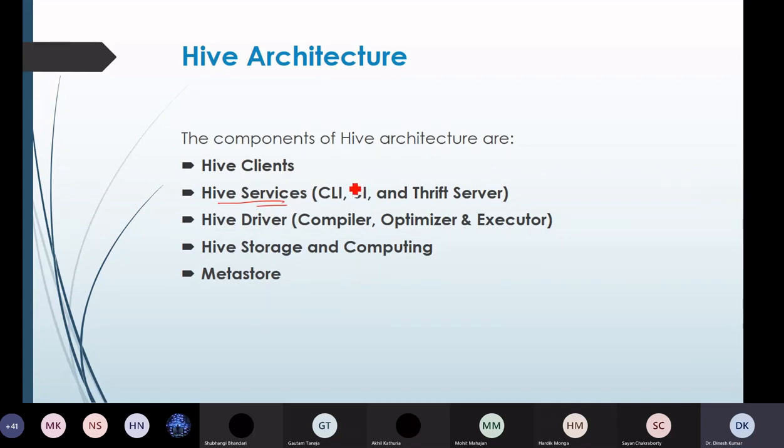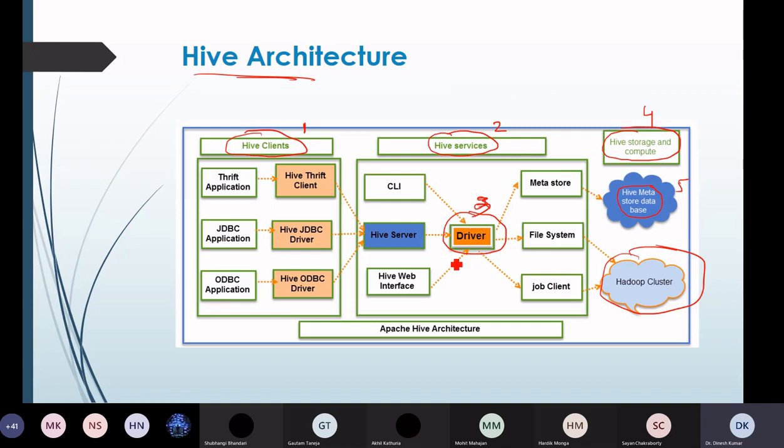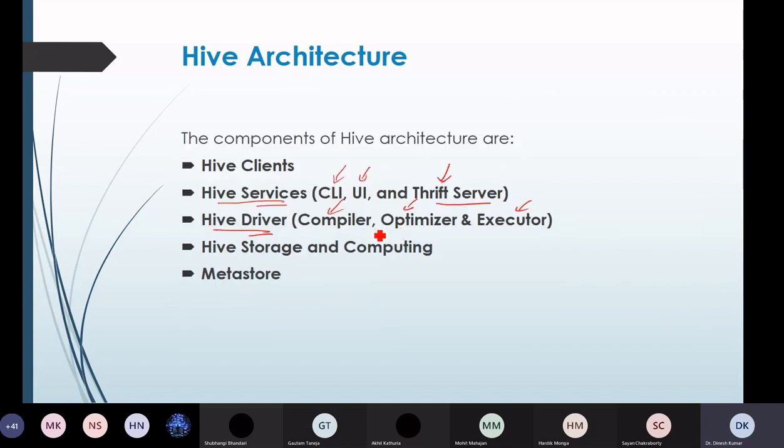There are different kinds of services: CLI, UI, thrift servers. So what are thrift servers? I will discuss when I discuss this particular component. Then Hive drivers are there: compiler, optimizer, and executor. So this particular component is further having 3 sub components: compiler, optimizer, and executor.